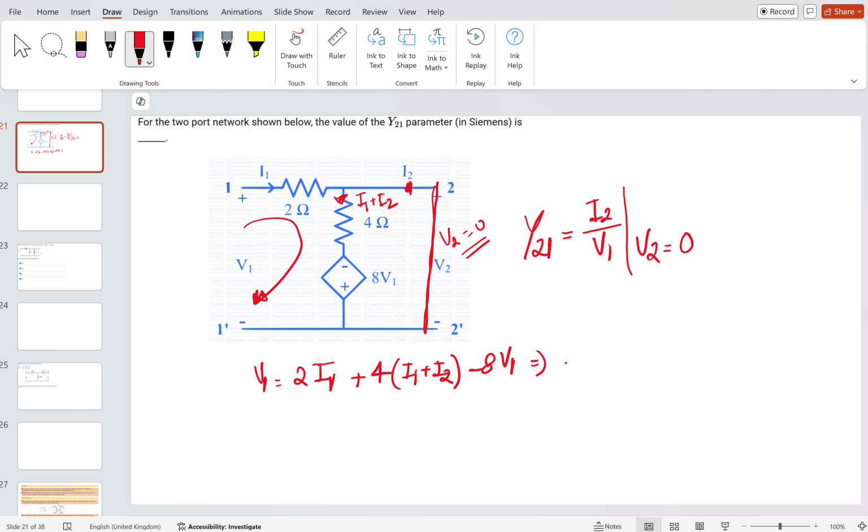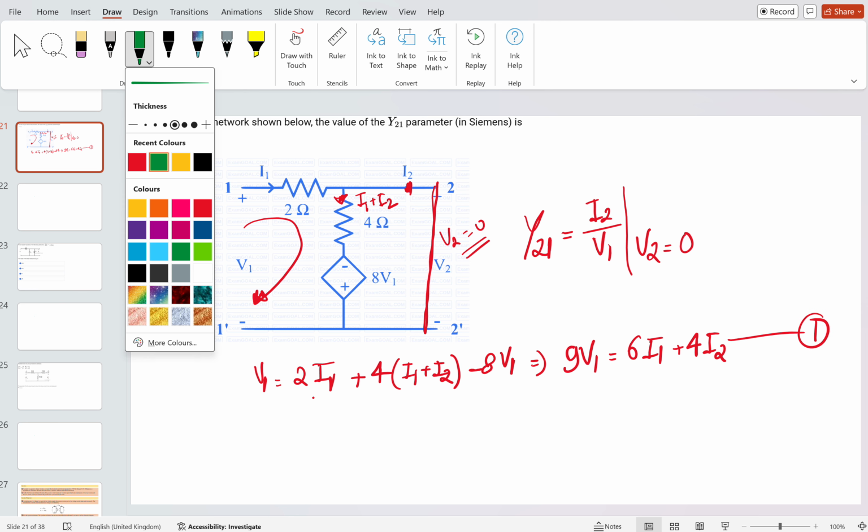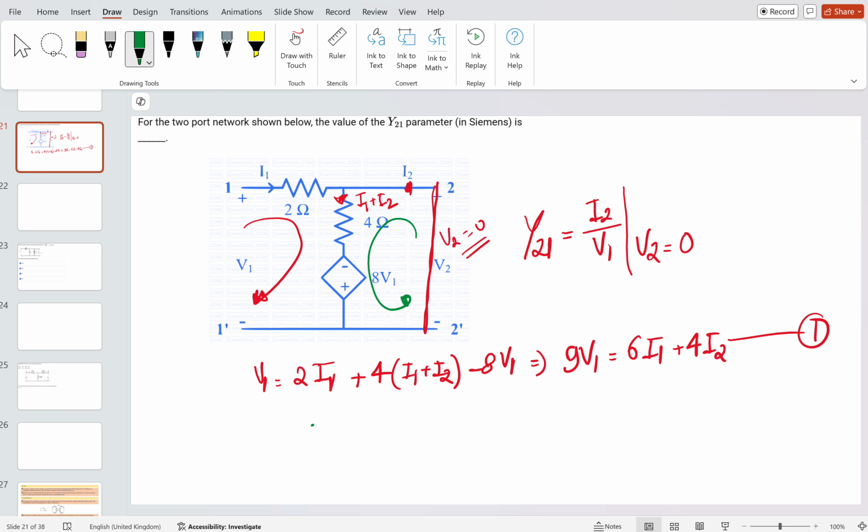So simply you can write it like this: 9 times V1 is equal to 6 times I1 plus 4 times I2. This is equation 1. Now apply the KVL in this loop.